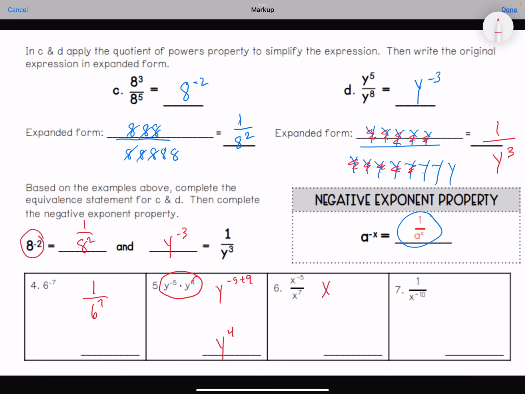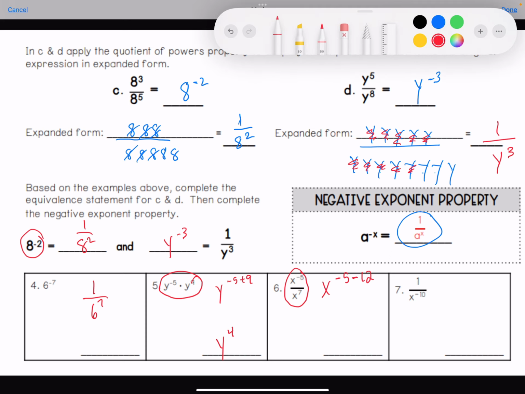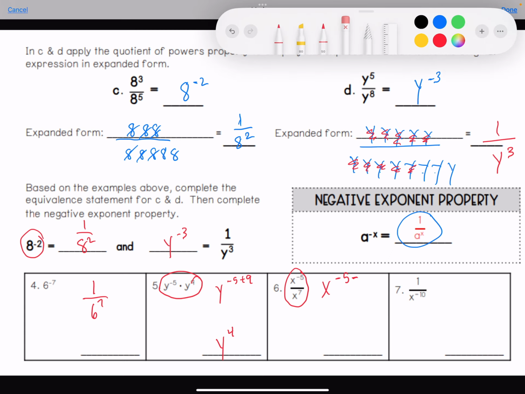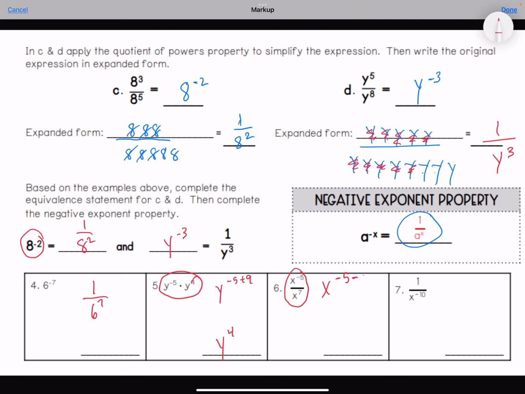Now I'm using my quotient rule because I'm dividing, so I'm going to subtract. x to the negative 5 minus 7. Keep, change, opposite. I have x to the negative 12th. So I'm going to put 1 over x to the 12th.